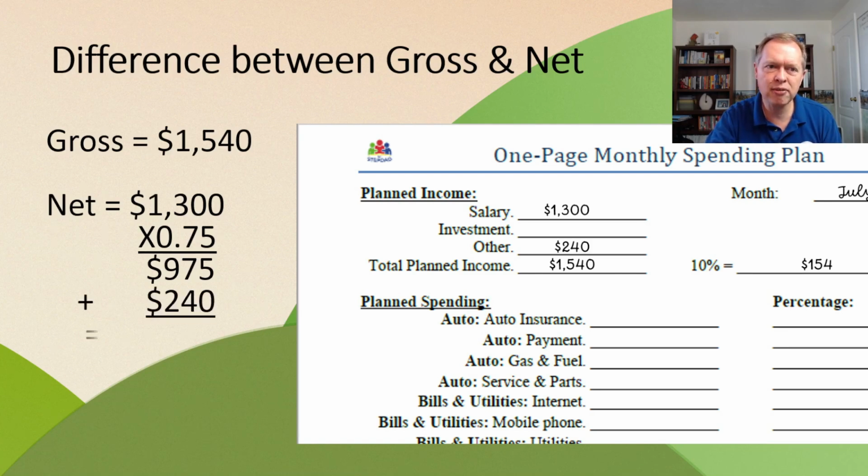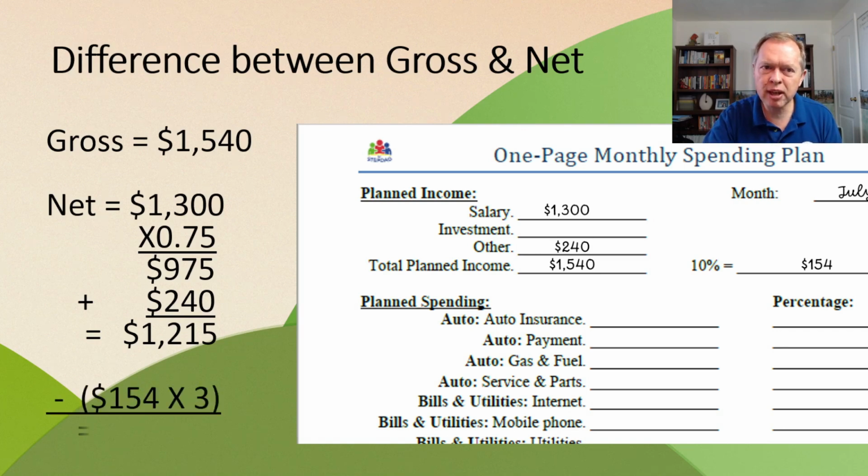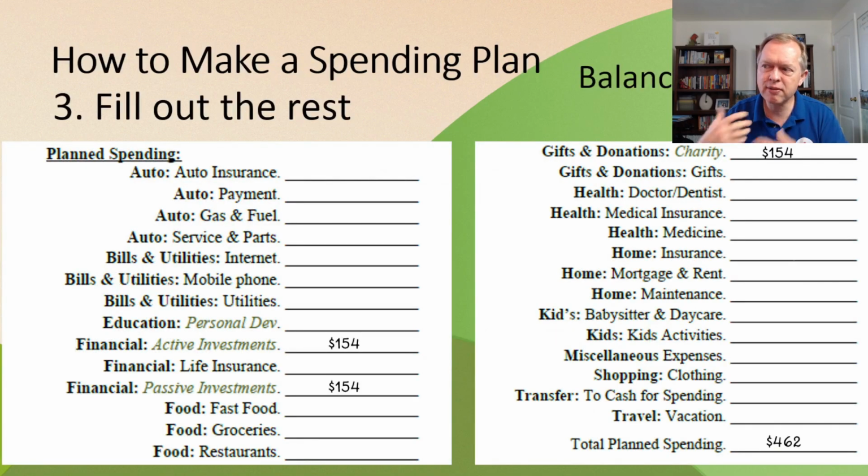So what does that leave Javier with? He's got $975 plus his $240 from mowing lawns, which doesn't have the withholdings, to get $1,215. That's what we've got to put among the other categories. And we've done the 10% on the gross, so we do that times 3 and subtract that. That leaves $753. So he's got $753 left after the charity, the savings, and the investing.